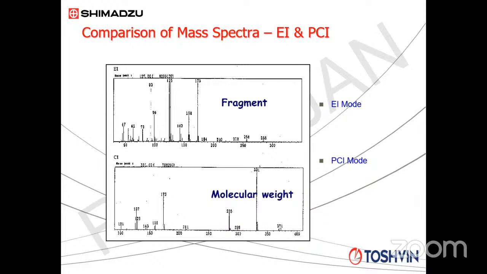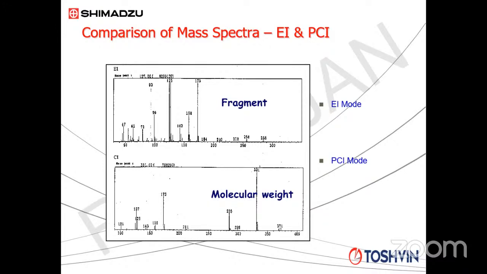But suppose you take a PCI spectrum and go for a library search, what will happen? The library doesn't know whether it is a PCI spectrum or an EI spectrum. It doesn't understand that. It will only look at the most prominent fragment, and based on that prominent fragment, it will do the library search.